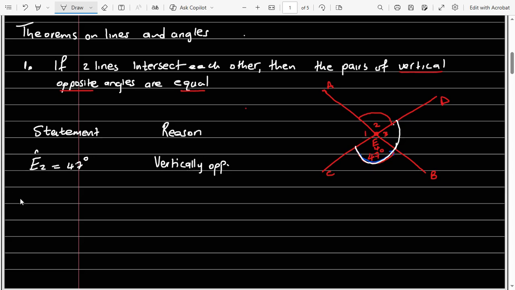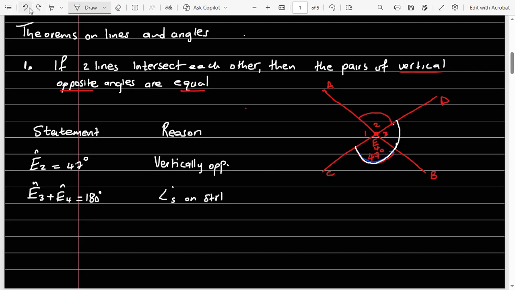I'm going to say that angle E3 plus angle E4 should give an answer of 180 degrees. What is the reason? Angles on a straight line equal 180. So we can solve for E3.